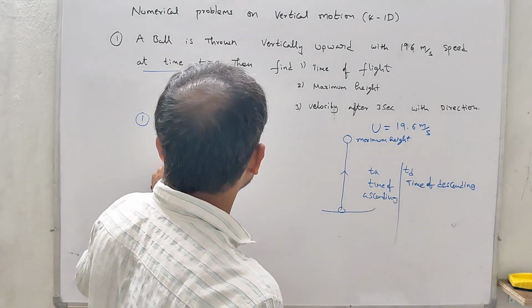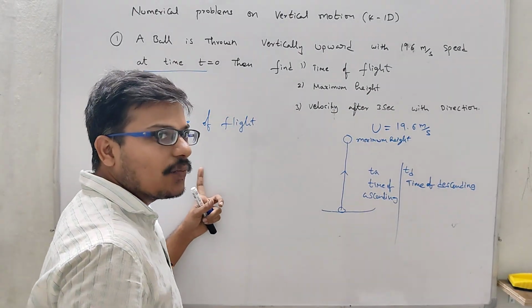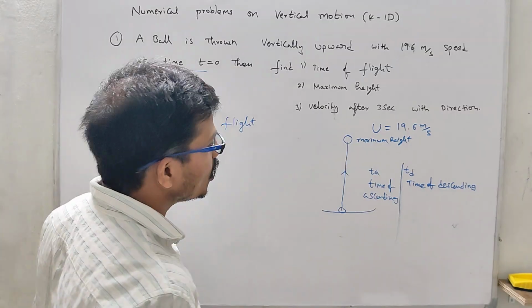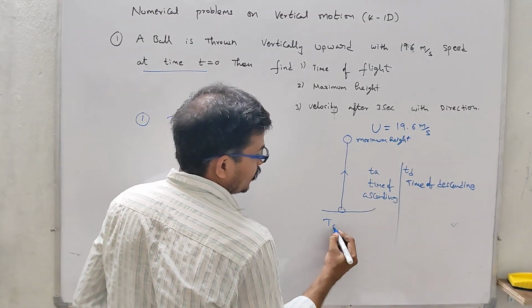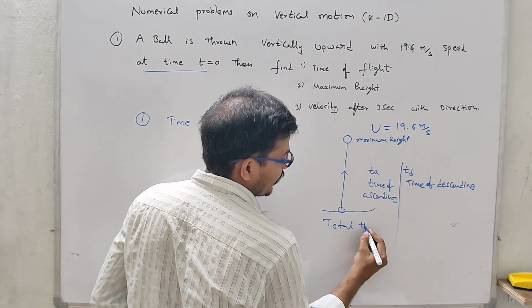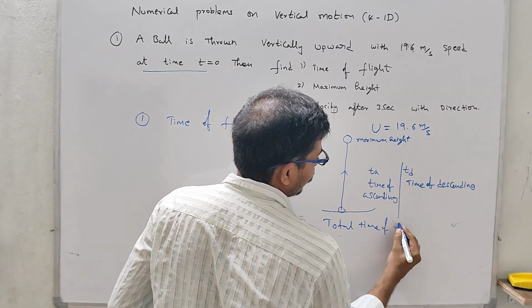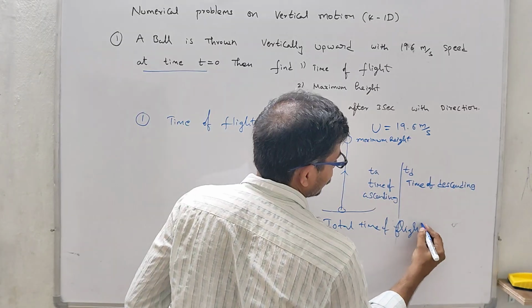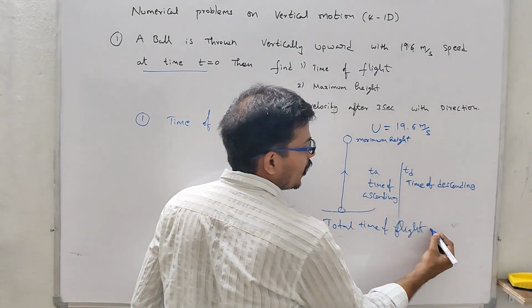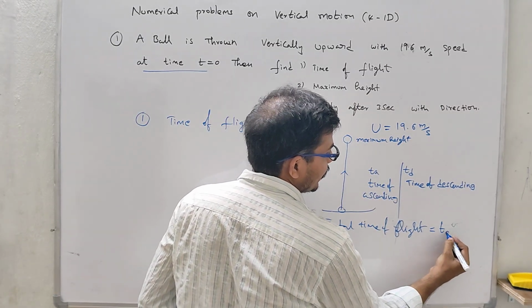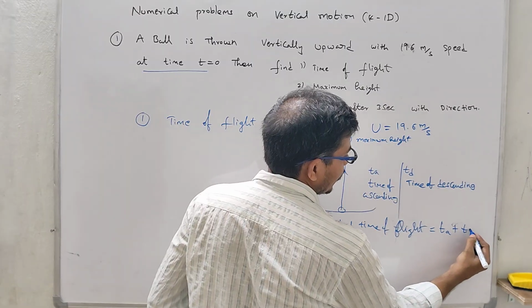We want the total time of flight, which means how much time it is in the air. The total time of flight formula is ascending time plus descending time.